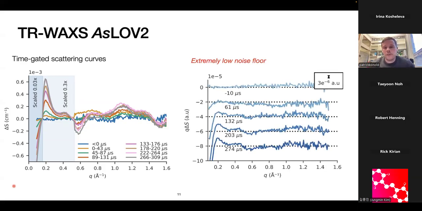And also the noise floor, looking at the pre-zero signal here, is very, very low, on the order of 1 to 10 to the minus 5, which is about an order of magnitude smaller than comparable measurements at a synchrotron. So that looked nice.